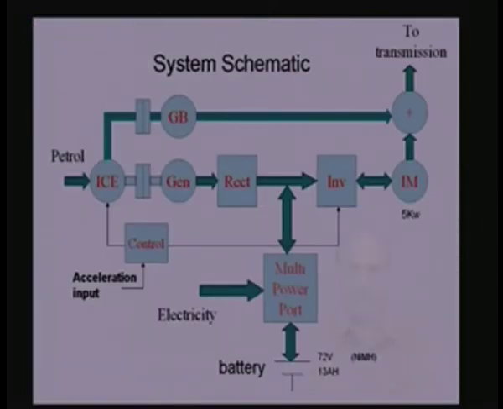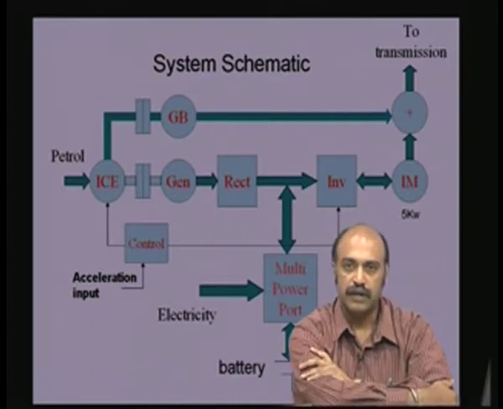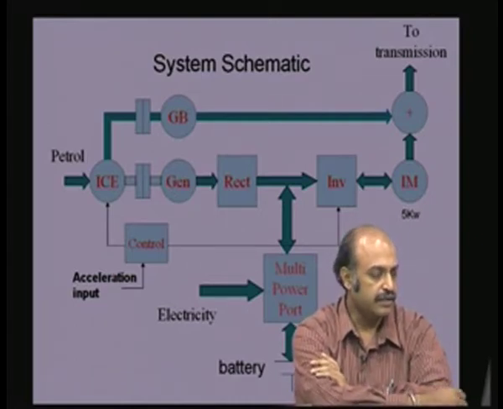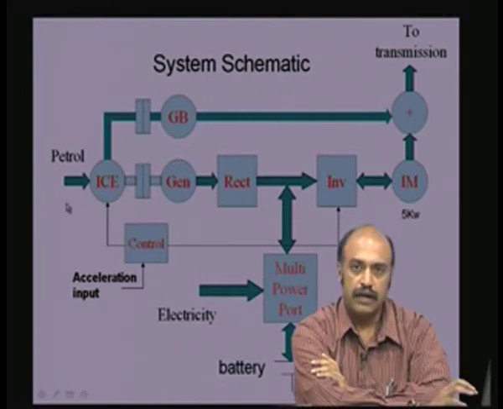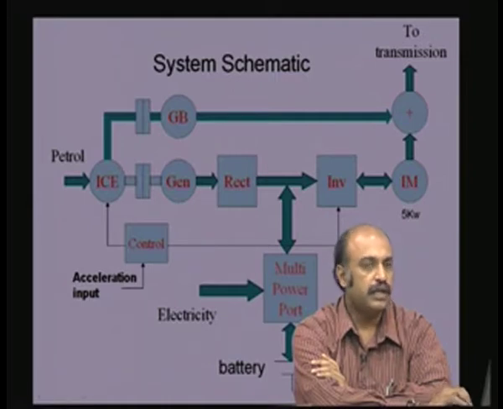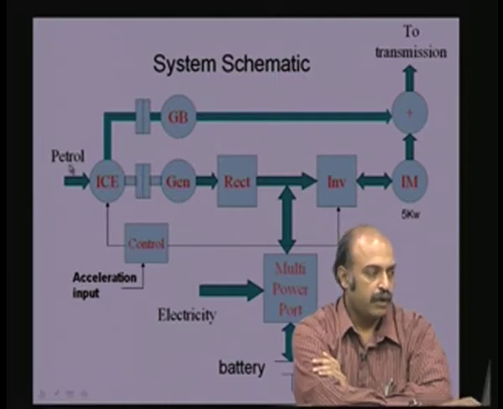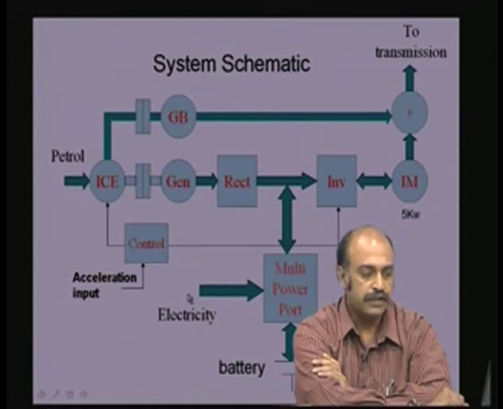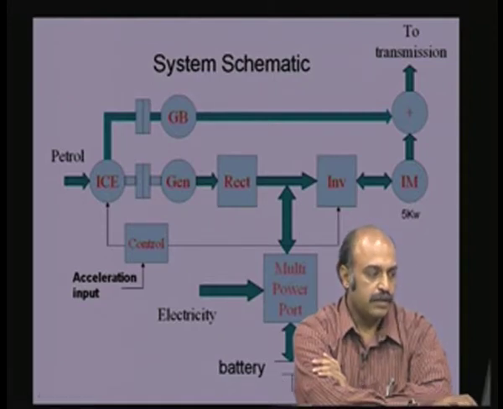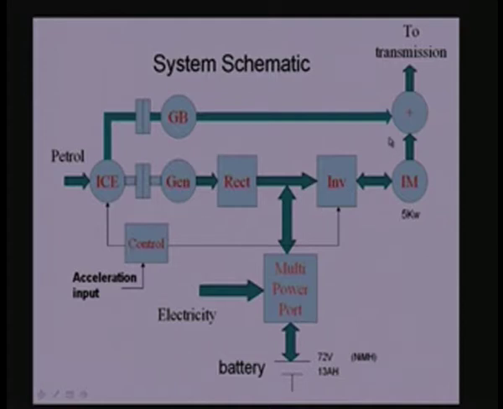So, if you look at the block diagram, you see where all we can contribute and probably learn as electrical engineers. In a hybrid electric vehicle, there are multiple energy inputs. Petrol is one of the energy inputs, electricity another, battery another. Now, all these energy inputs are ultimately going through the transmission to the wheels.